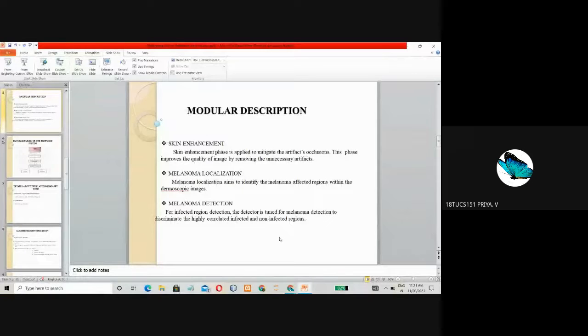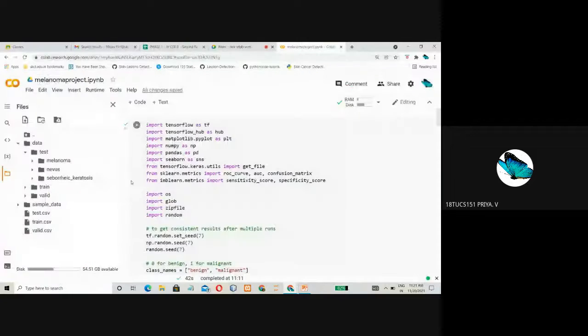Yeah, ma'am. For that, we have the valid CSV, which shows whether the input image is in the correct form or has some artifacts. I'll open that.